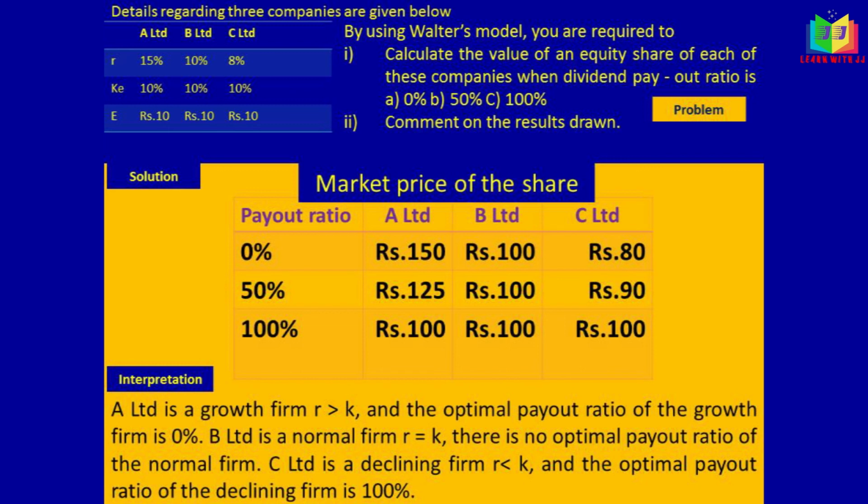While the payout is 0%, the market price is 80 rupees, at 50% payout the market price is 90 rupees, and at 100% payout the market price is 100. The market price of the share is higher at 100% payout, hence the optimum payout for a declining firm is 100%. It is proved from these results.